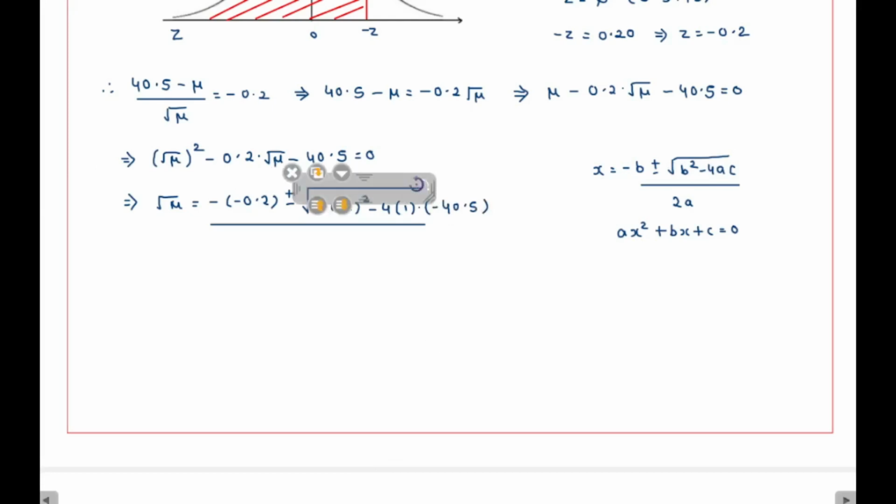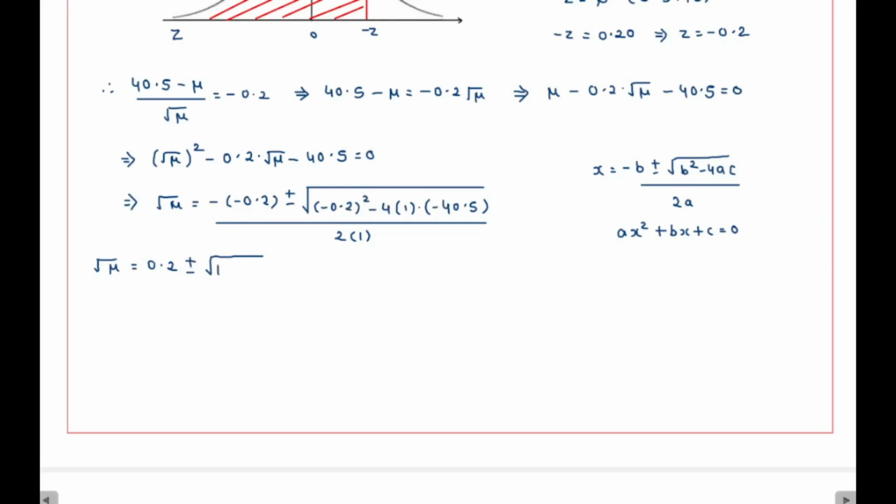Okay, let me just extend this square root sign. Okay, I'll extend this denominator sign also. So what do I get here? In the denominator, I'll get 2 times a, that is 2 times 1. Correct? So what will be this root mu value then? This root mu will be equal to minus of minus 0.2, which is nothing but 0.2, plus or minus square root of, if I solve this inside the square root term, what do I get?